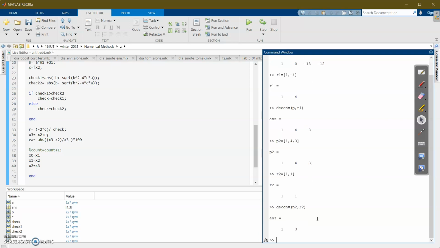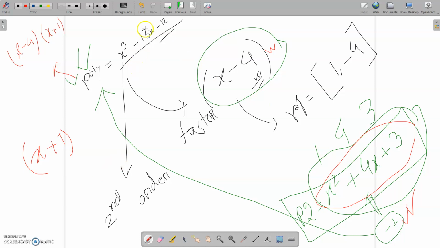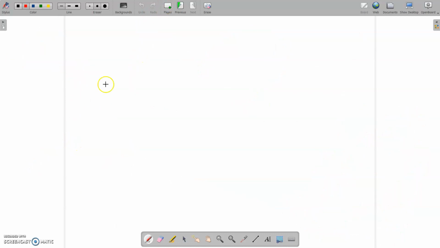So what do you get now? 1, 3. So 1, 3 means my new equation becomes x plus 3. So I have already found this. That means the root of this equation is minus 3.